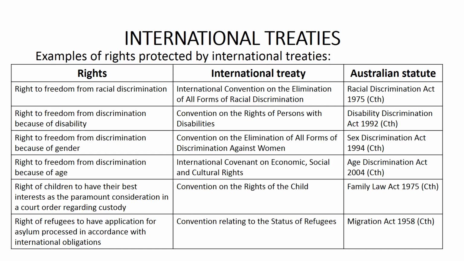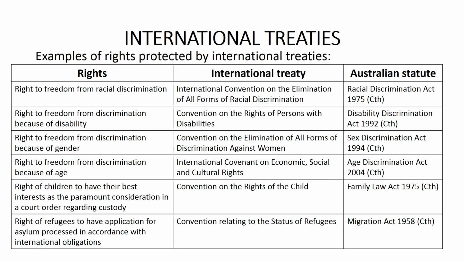In this table, I've set out a number of examples of rights that are protected by international treaties that Australia has signed. And you'll also see that I've included a column here which sets out the statute or legislation that has been passed that gives effect to that international treaty as part of Australian law.